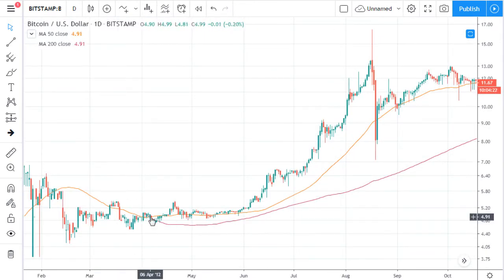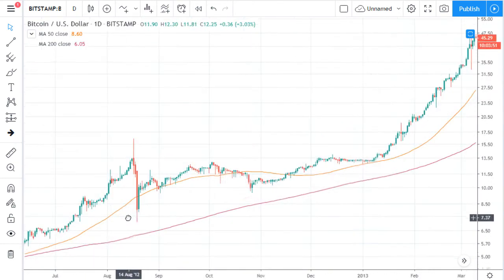So if the 50-day moving average, the 50 MA is above the 200 MA, that is the golden cross. Okay, so for example here the 50 MA is crossing above the 200-day MA.